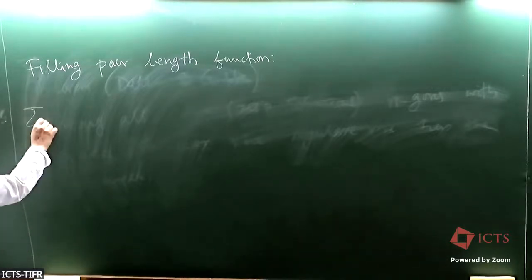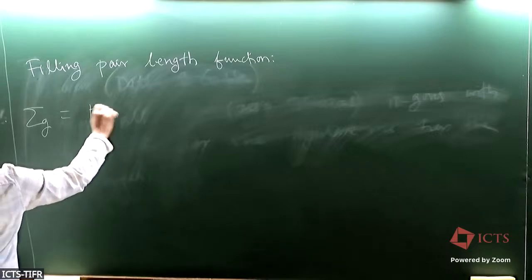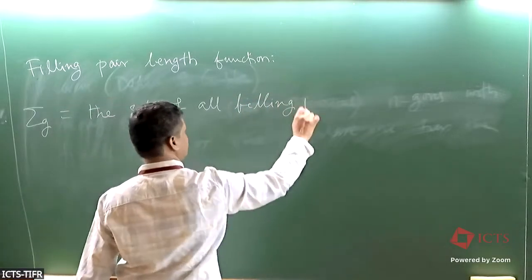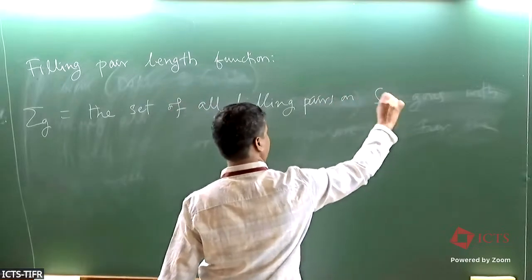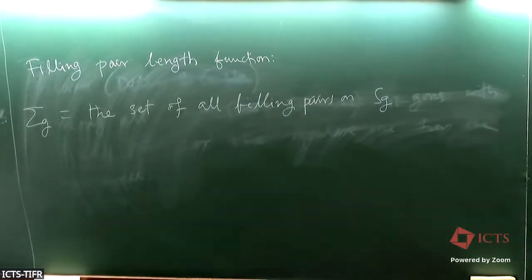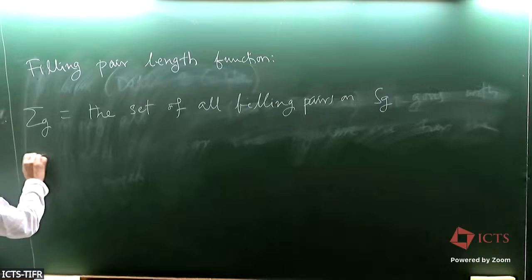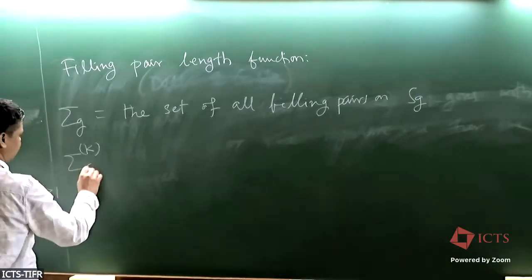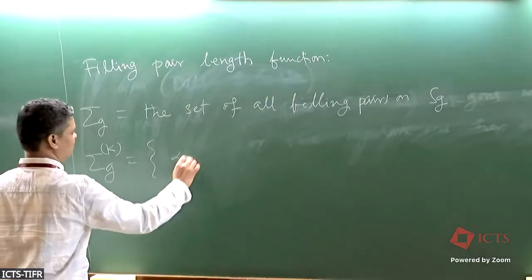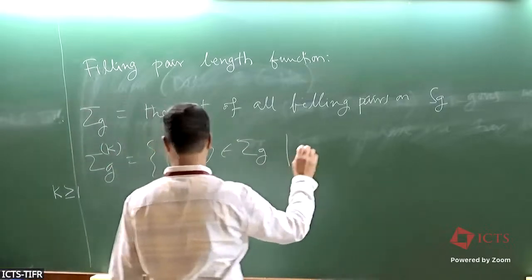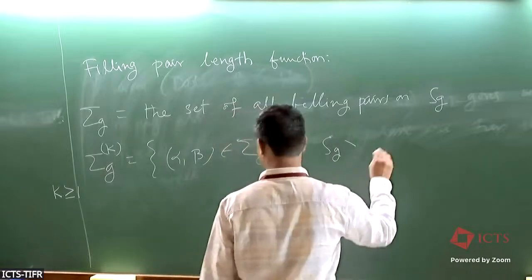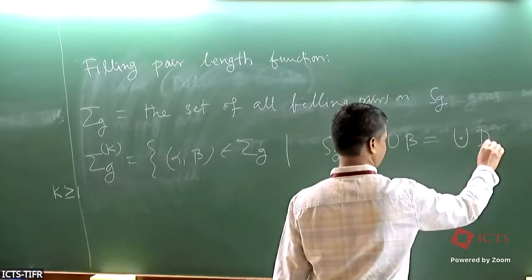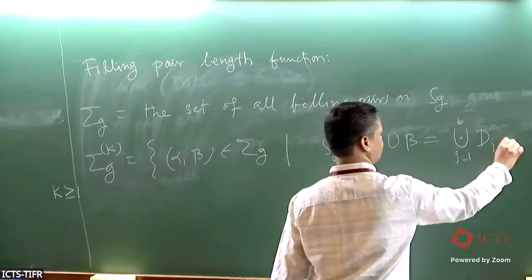So let Sigma_g be the set of all filling pairs on S_g, and also we define, for k greater than or equal to 1, of course, Sigma_g^k equal to the set of (alpha, beta) in Sigma_g such that S_g minus alpha union beta is a disjoint union of topological disks D_j, j equal to 1 to b, where b is less than or equal to k.